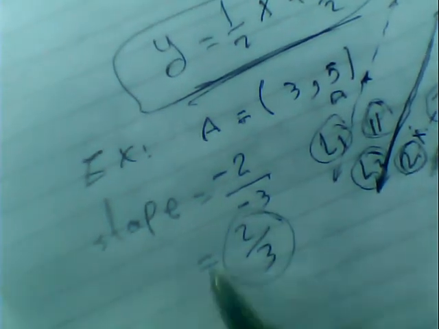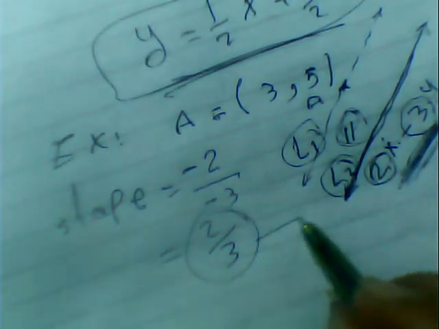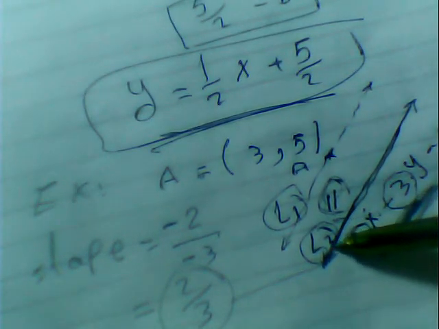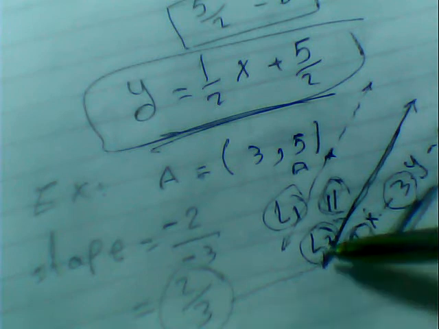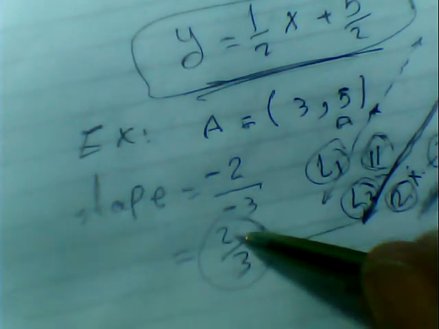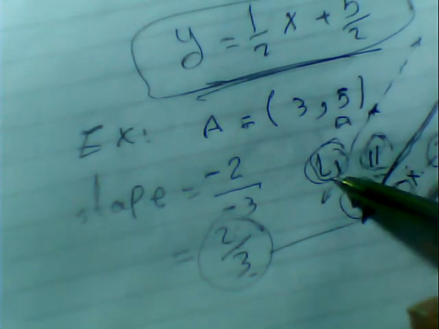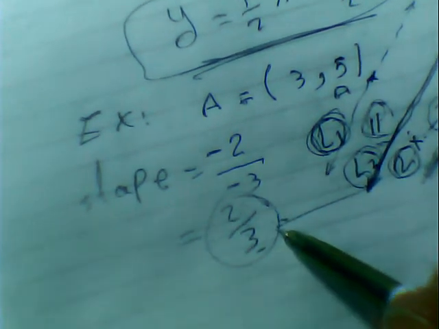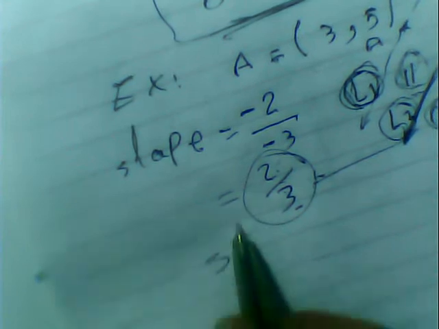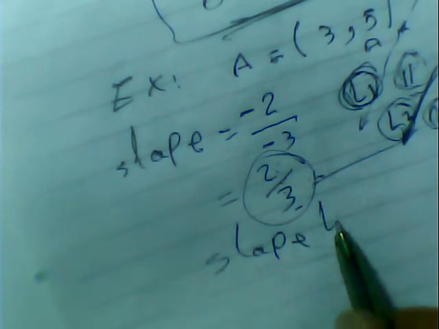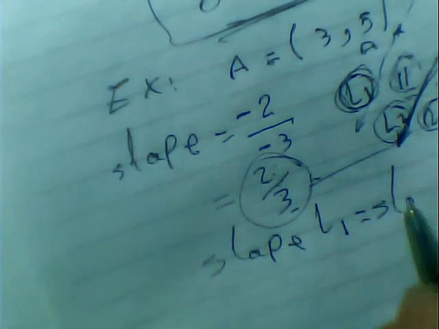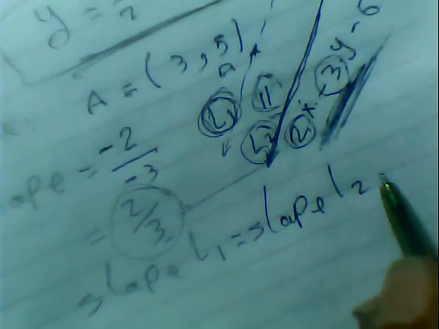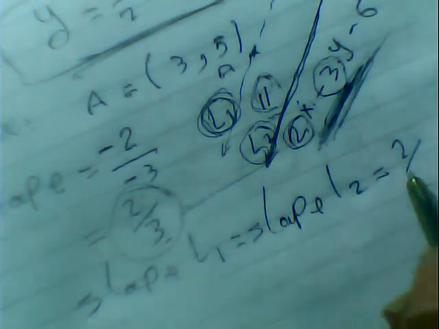This is the slope of line 2, and since the lines are parallel, slope L1 equals slope L2 equals 2 over 3.